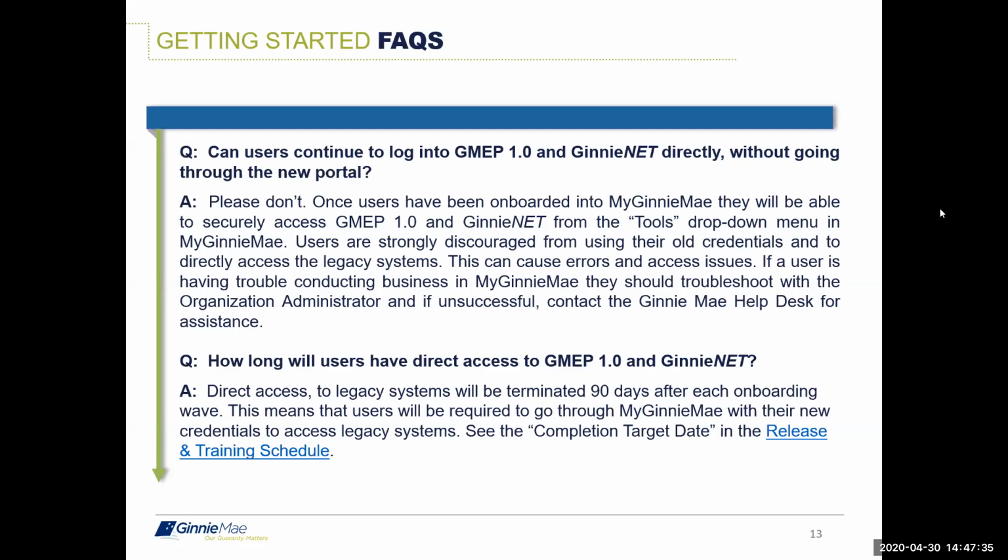If on day 91, you now need access to MyGinnieMae, here's what has to be done. You must contact your organization administrator. They will have to enable your account. They will have to request functional roles.